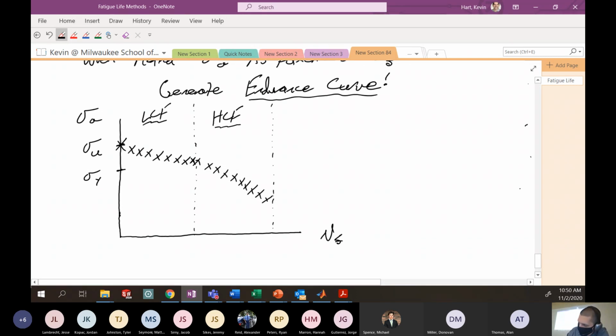I will say that this transition from low to high cycle fatigue is somewhere around like 1,000 cycles, approximately. This is about where this occurs.